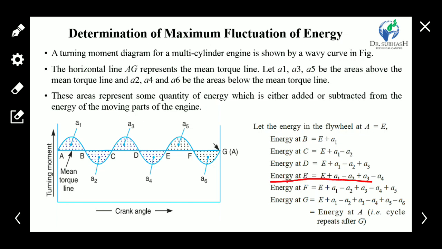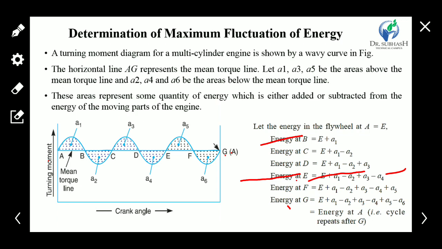The E point has the minimum energy for this particular given case. Maximum energy is at the B point and minimum energy at the E point, because the G point has the same energy as E.